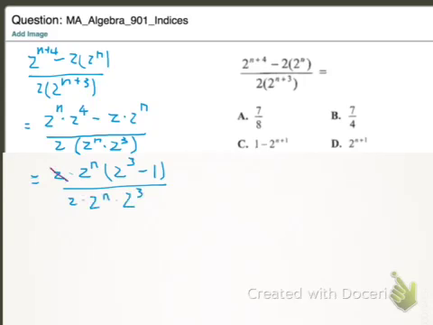Now we see that some of the terms can cancel each other out. So now we get 2 to the power of 3 minus 1, which is 8 minus 1, which gives us 7, and 2 to the power of 3 is 8. So the answer should be A, 7 over 8.